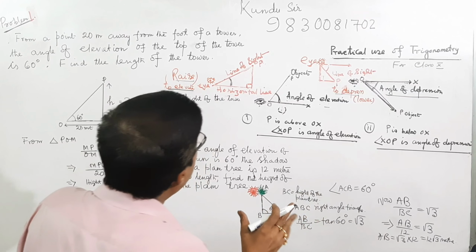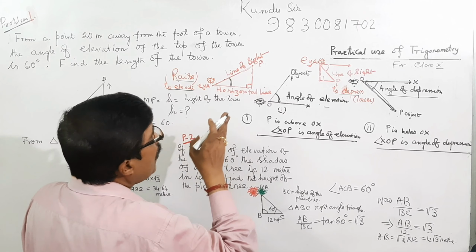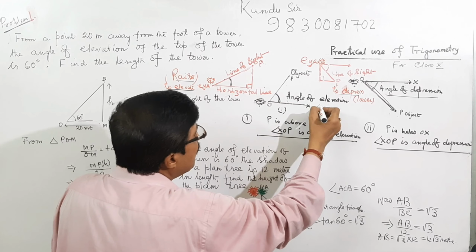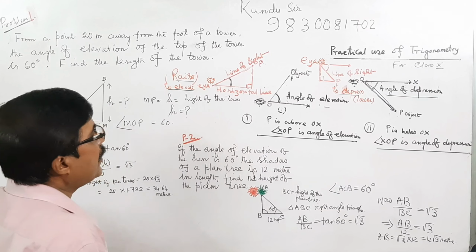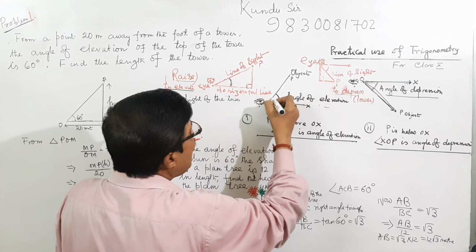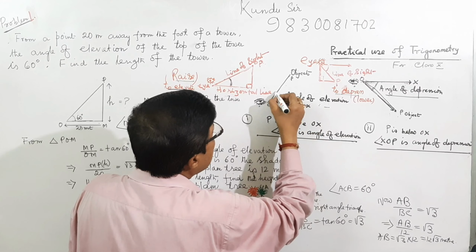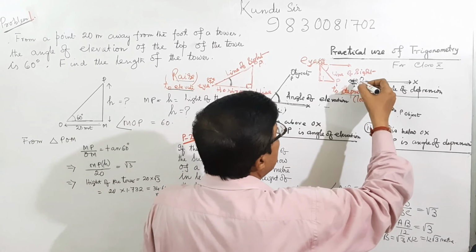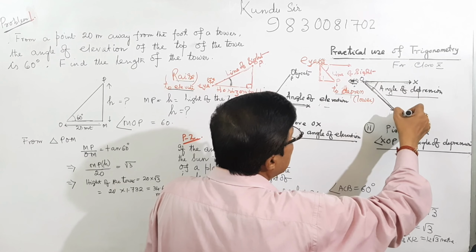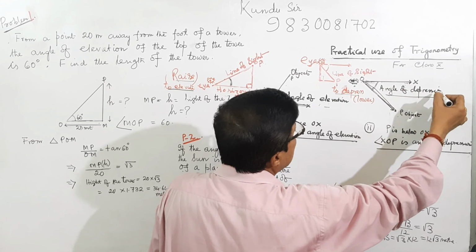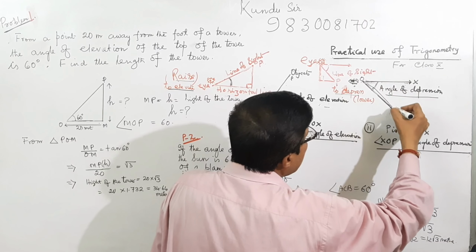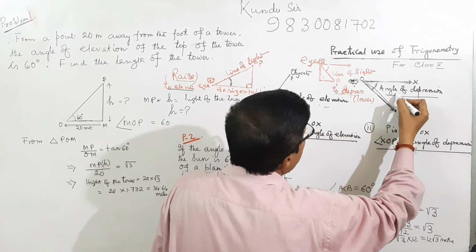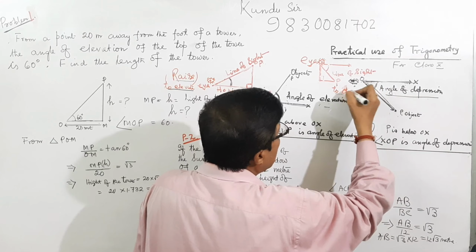So, we get an idea: when we try to see an object above the horizontal line or plane, the angle between the line of sight and the horizontal line is called the angle of elevation. In another case, when someone wants to see an object in the lower portion of the horizontal line, the angle between the line of sight and the horizontal line is called the angle of depression, that is, to depress or lower.